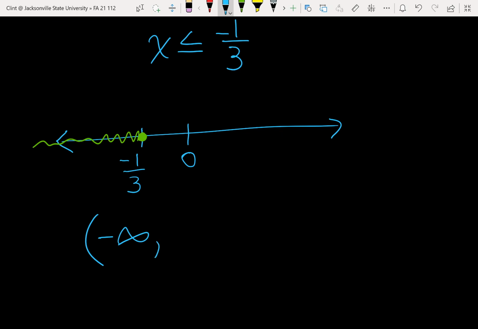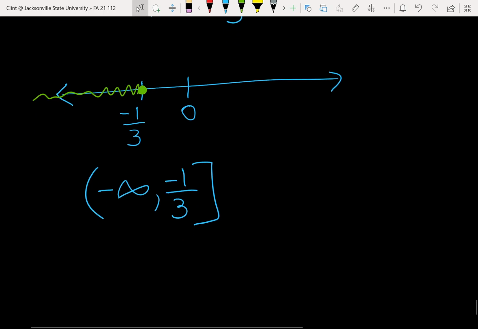And then, so if we start off negative infinity, how big can we end up getting? We got to stop when we get to negative 1/3, right? And then since we've got or equal to, we've got a closed circle, then with negative 1/3, we'll have a square bracket because we're including negative 1/3. That's the interval notation.